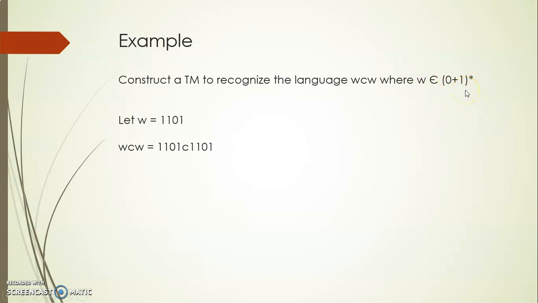For example, while constructing the Turing machine for 0 power n 1 power n, after scanning a 0, we converted that to x. Why did we do that? Just to differentiate between the visited zeros and unvisited zeros. So we know that x does not belong to the input symbols, that is sigma.